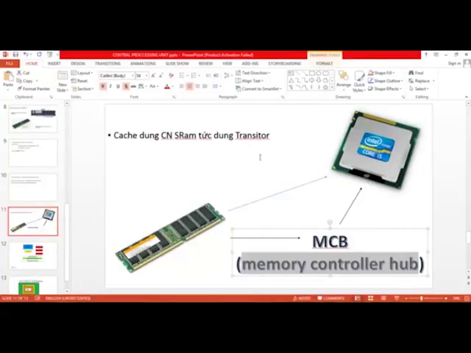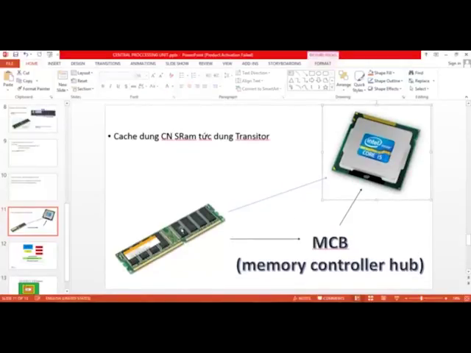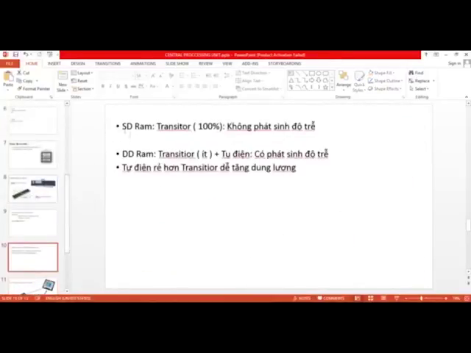Khi dữ liệu của chúng ta đã đưa được lên CPU rồi, thì lúc này tốc độ CPU sẽ xử lý. Như các bạn thấy rồi, tốc độ xử lý của CPU rất nhanh, cho nên chúng ta không được phép có độ trễ. Chính vì không được phép có độ trễ, người ta phải sử dụng công nghệ SRAM, 100% là transistor vì không phát sinh độ trễ.